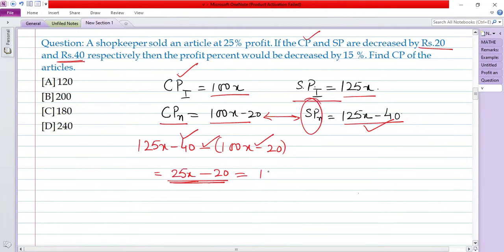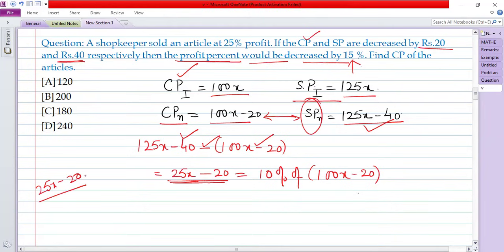Now this is the new profit. Actually, this is now 10% of the new cost price. Please mind, it is mentioned that the profit percent would be decreased by 15%. This is important. The common mistake is to take this 25x minus 20, the new profit amount, as 15% of the new cost price.